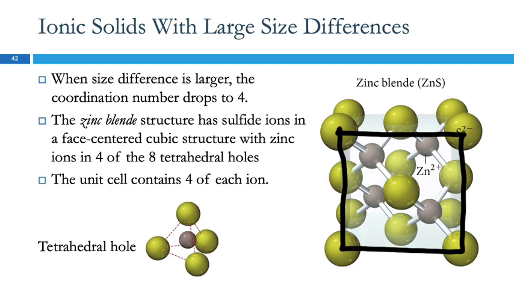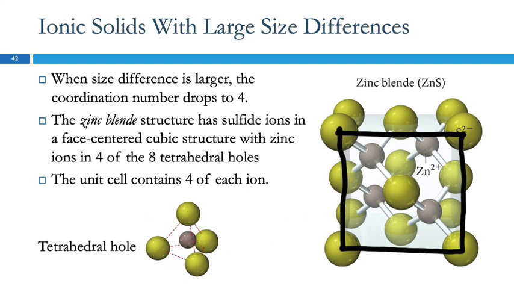So there would be 4 sulfide ions, and since there's 1 zinc for every sulfur, then there must be 4 zinc ions as well. But here the zinc ions are not in between like they were in the previous example. Now they are sitting in these tetrahedral holes.